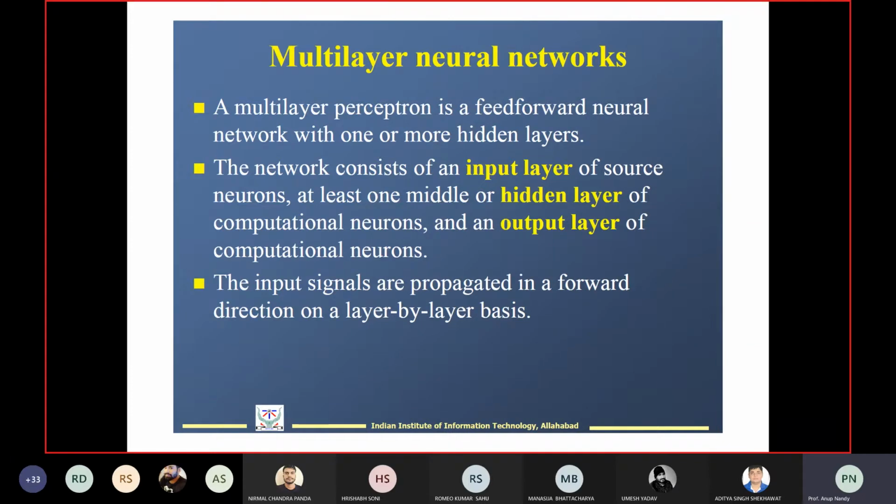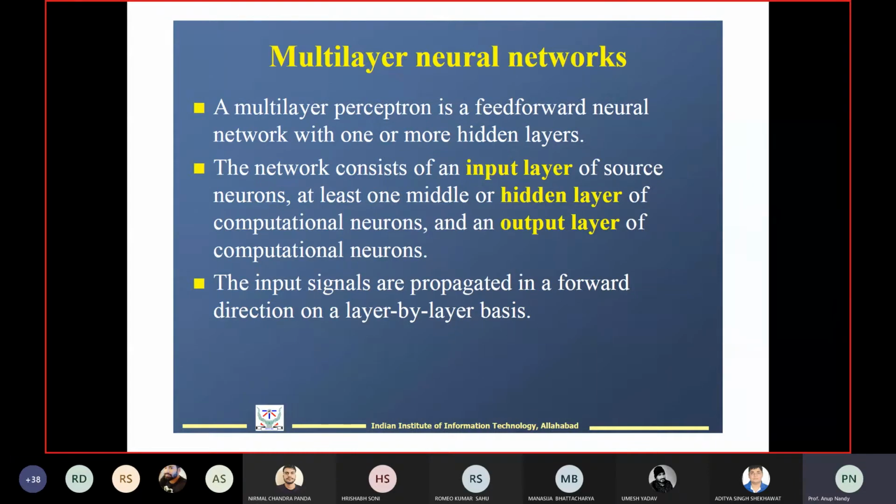So three important things: the input layer, the hidden layer, and the output layer. On the other hand, in the single layer perceptron model you only have the input layer and the output layer. No hidden layer was introduced, because the problem was linearly separable. But here the problem is not linearly separable. So that is why one hidden layer, or middle layer, is introduced between the input layer and the output layer.